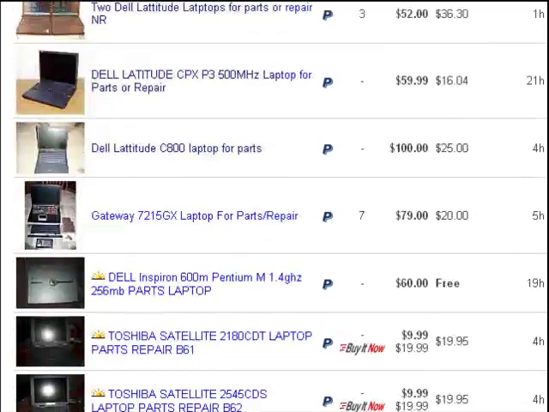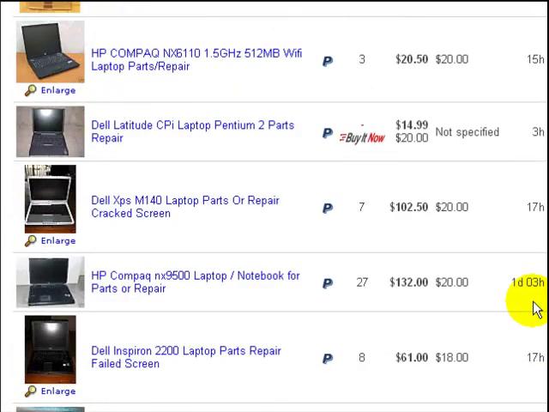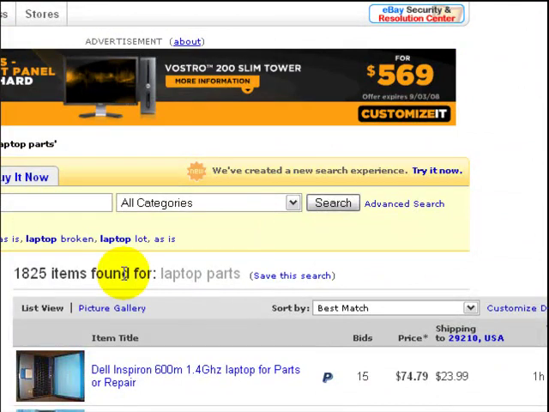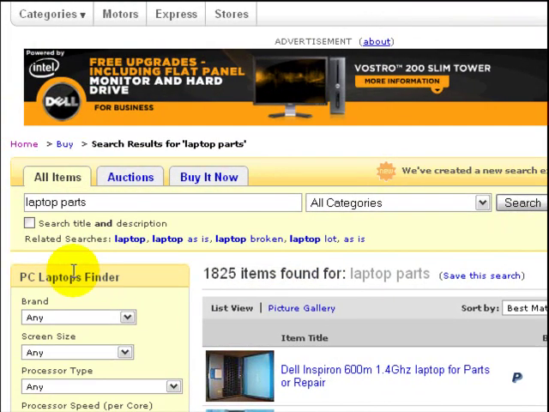But what I want you to do is basically search for the keyword or the certain item that people will do a search on and see whether there's a market out there. See whether it's worth your time to even put it up there or just put it out in a garage sale. Because a lot of times with electronic items, you can actually make more money selling it on eBay than selling it offline.